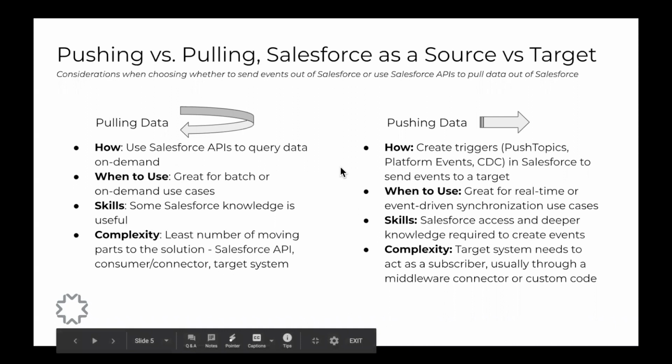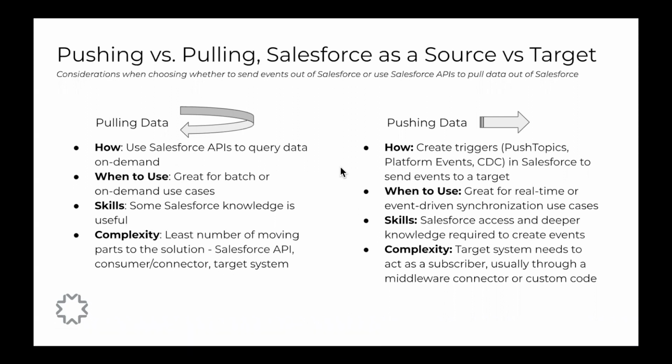In terms of when these are best to use from a Salesforce perspective, when we're pulling data, typically we're just using the Salesforce APIs to query data, and we do that on an on-demand basis. This works best for batch scenarios and on-demand use cases.